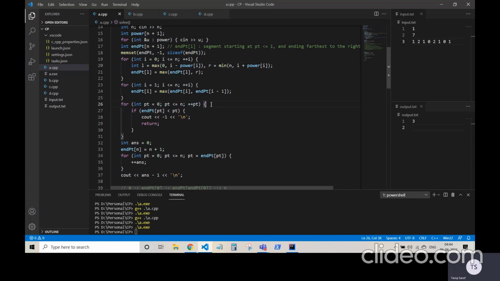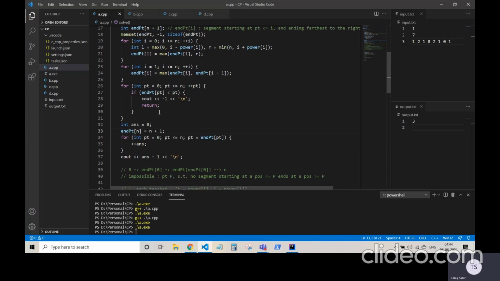For each point, I check if the endpoint is less than point. Like this, if so I return -1, and all this is good. The only place where we could have gotten a timeout is if this ran into an infinite loop, right? Okay, so I missed this particular case, yeah.